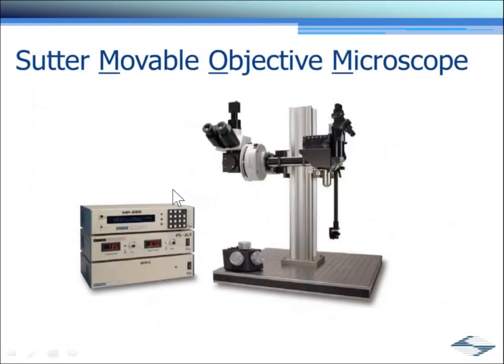So we developed the Sutter movable objective microscope, which we see here. Just to point out a couple of things, you'll notice the amount of space that is available underneath the microscope. Obviously, that's quite variable, as this can move up and down on this rail. On the left-hand side, you'll notice there is a component here.